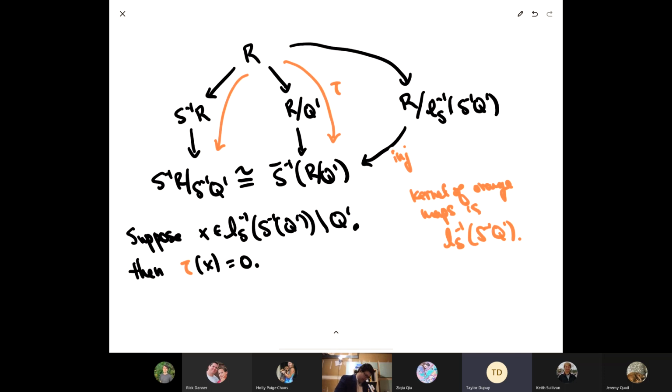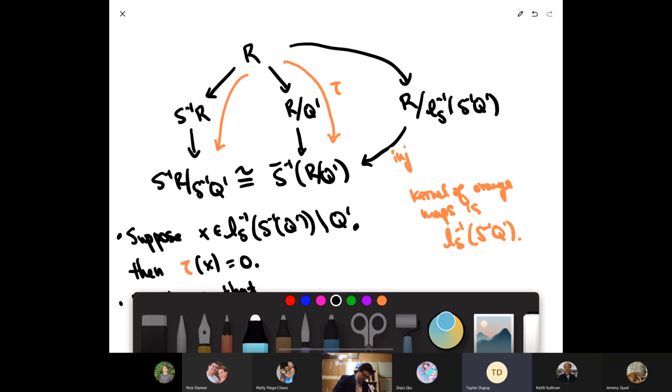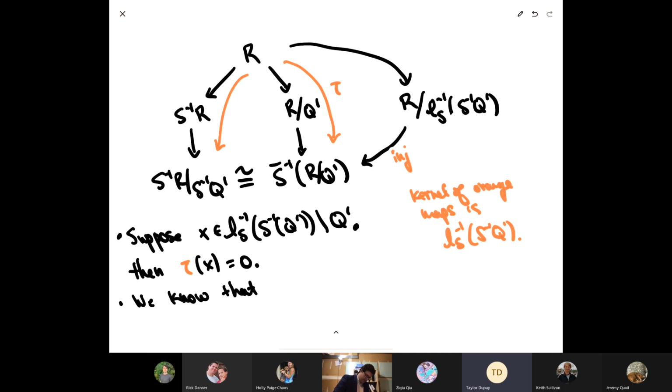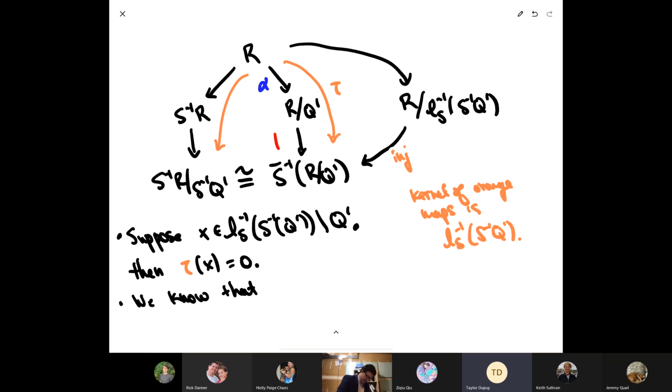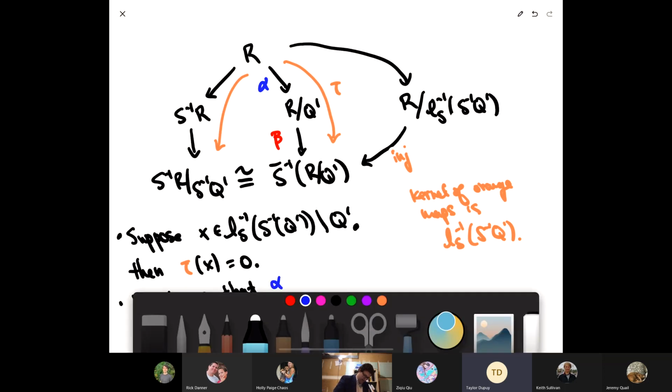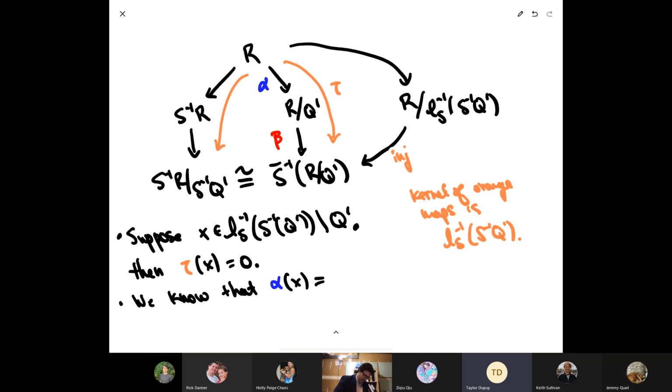But we need to give these maps names, alpha and beta. We know that alpha of X is not equal to 0, because the kernel of alpha is Q prime.